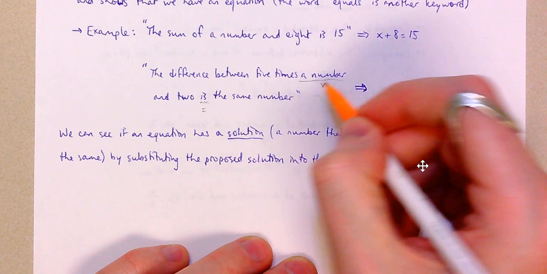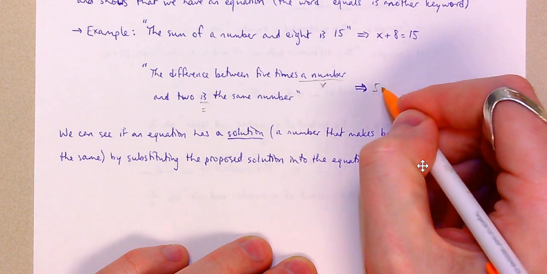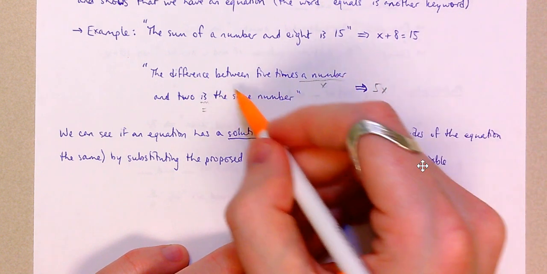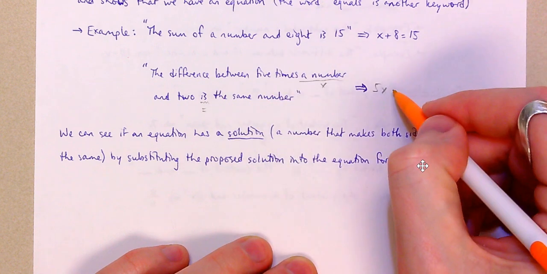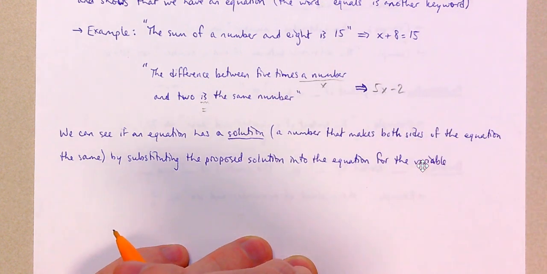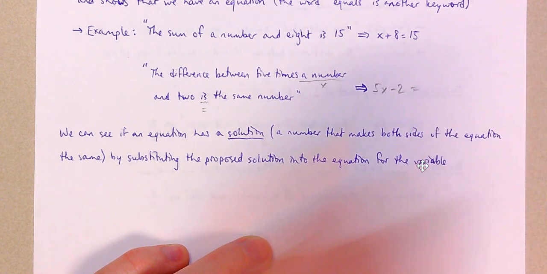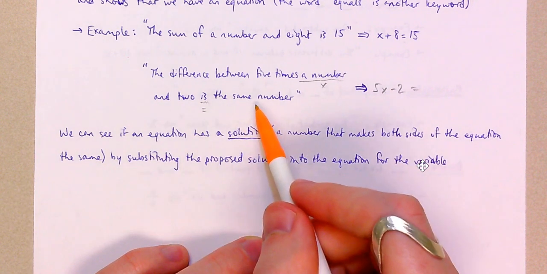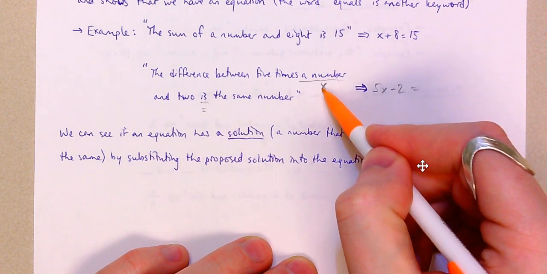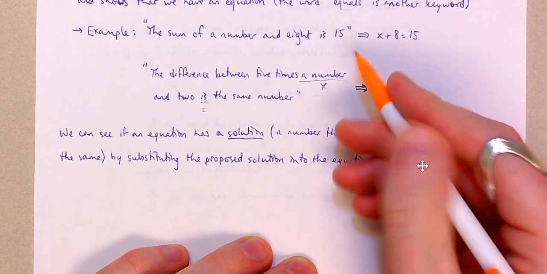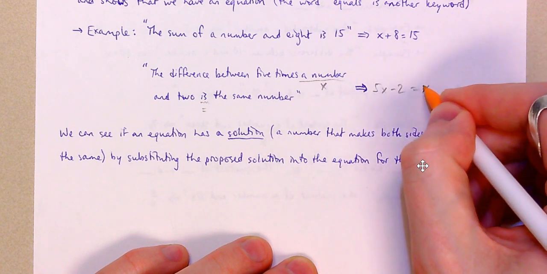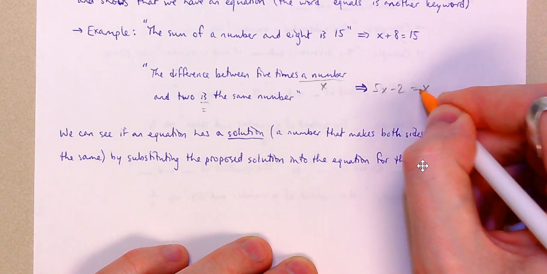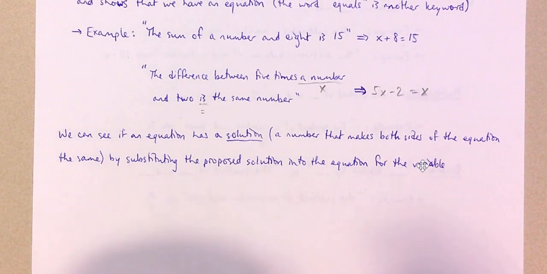So I have 5 times my number, 5 times x, and it's the difference between that and 2. So I'm subtracting 2 from that guy, equals, and then it says the same number, the same thing as what this guy was, and that's x. So this is our equation in this particular case.